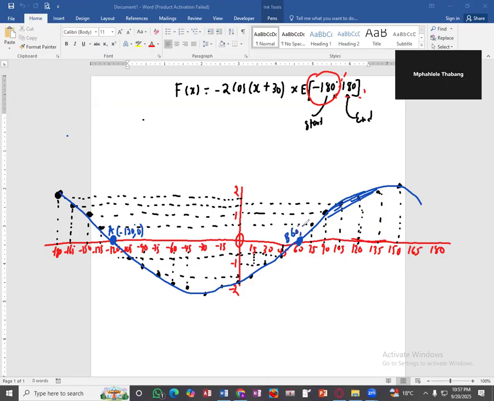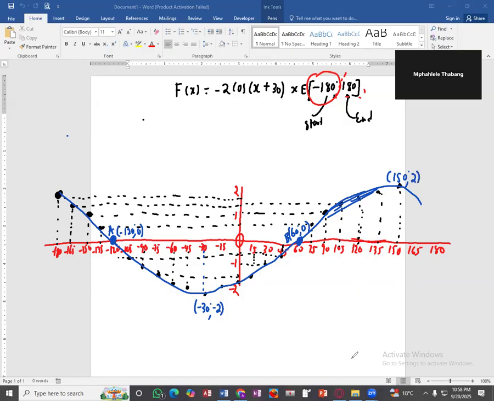No need to use the A and B. You also have to show the turning point. This graph turns at negative 30 and negative 2. And it also turns at 150 and 2.